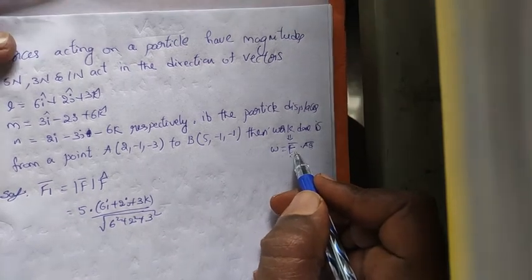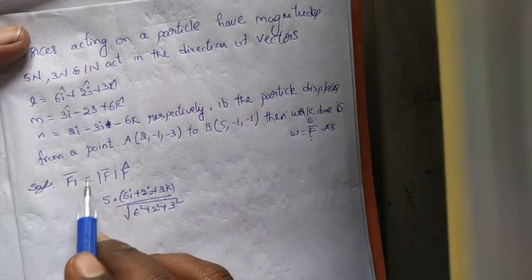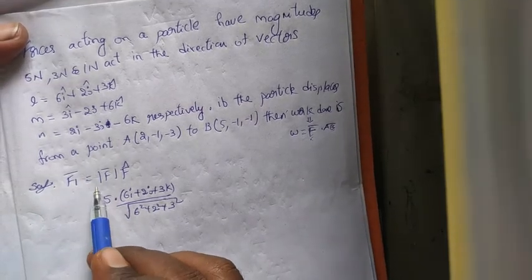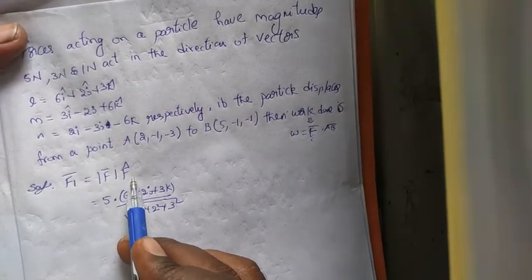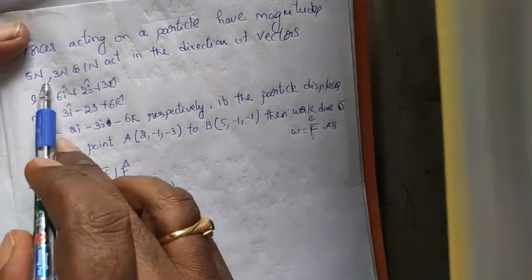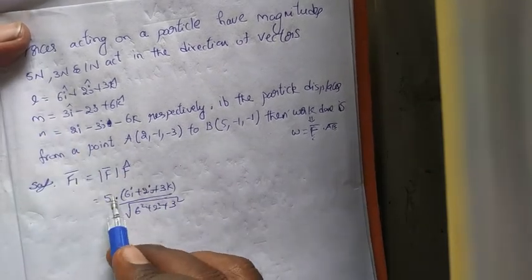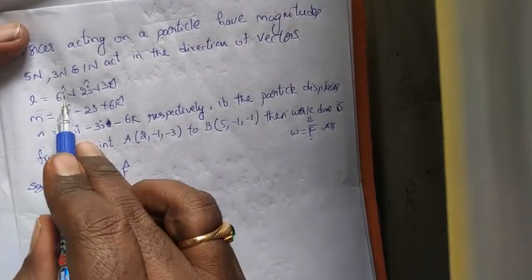If you want to find the net force, first let me go for F1. F1 bar is nothing but magnitude of F into unit vector of F. What is the magnitude of F? 5, and the unit vector of F is nothing but this.